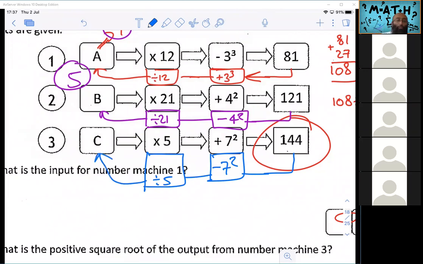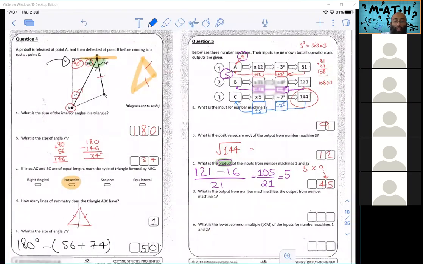What's 144 take away 49? It's 95. And then what's that divided by 5? That divided by 5, I think it's 19.